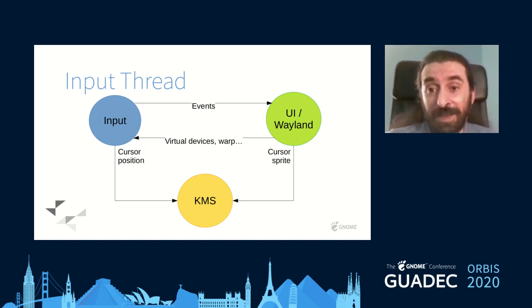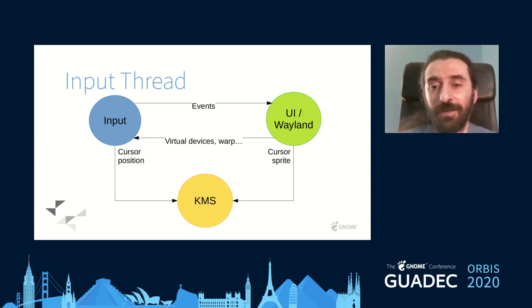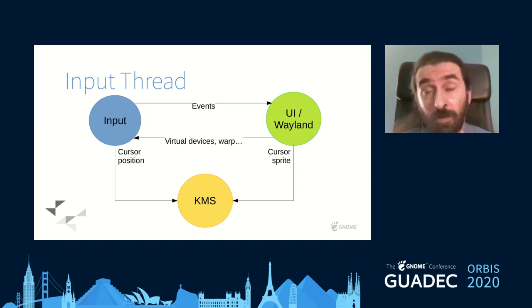And then there's the actual painting of the cursor. The UI thread is going to take care of this. It, of course, needs to pick a position and figure out which cursor makes sense based on that position, and then do the updates.